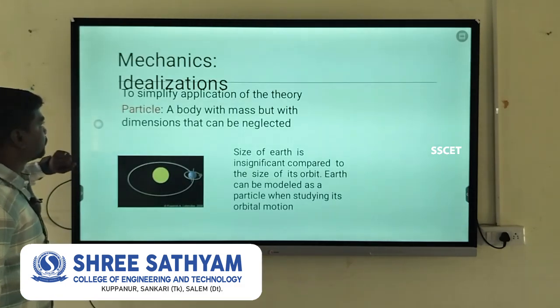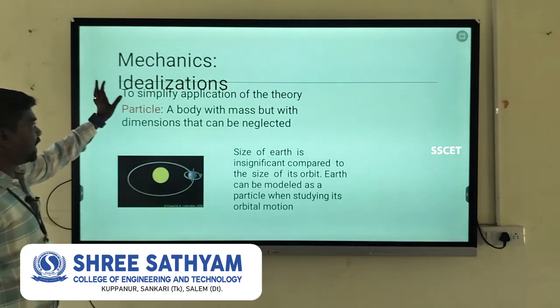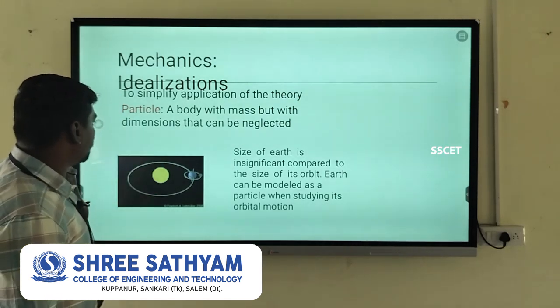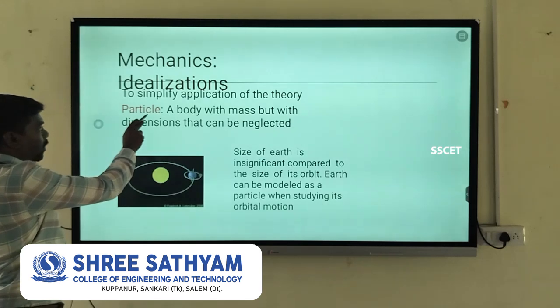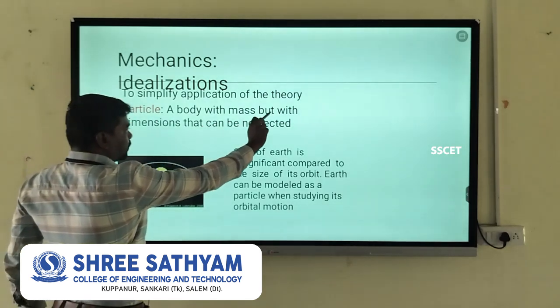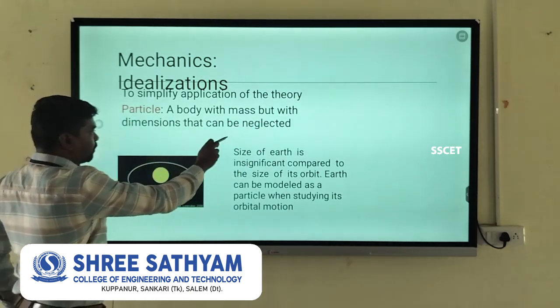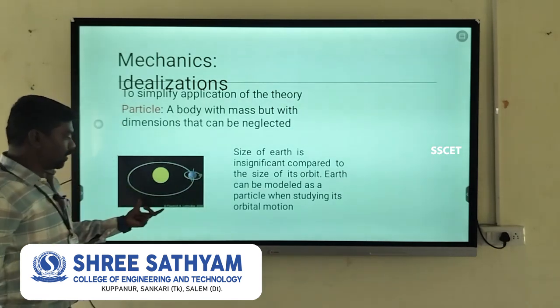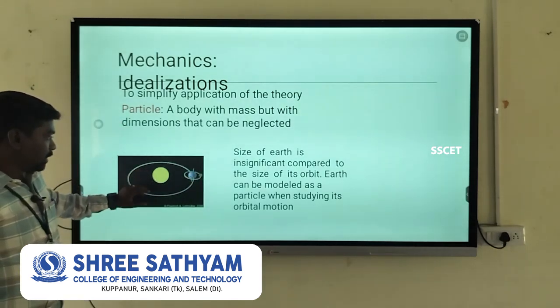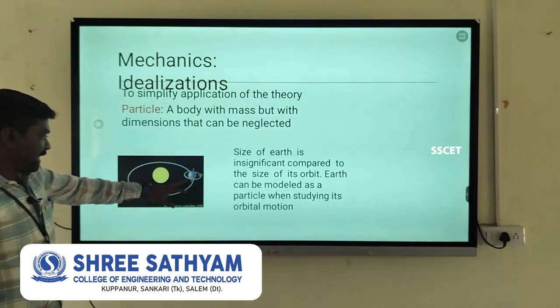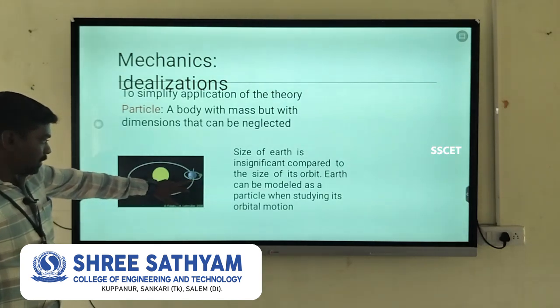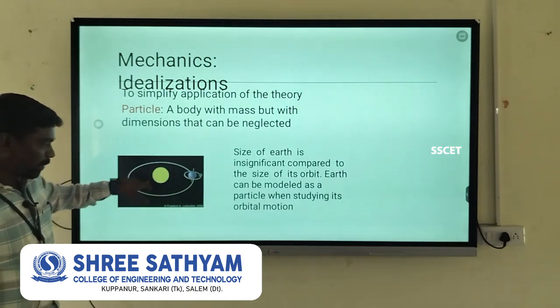Next one, the idealizations of mechanics. The particle is a body with mass but with dimensions that can be neglected. For example, the sun and earth. The earth's rotation depends upon the orbit.